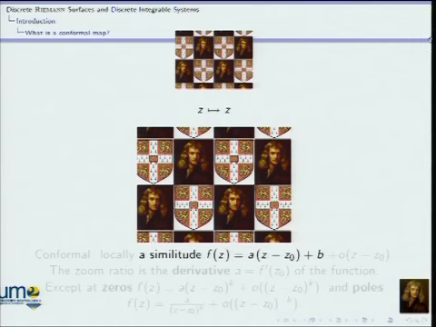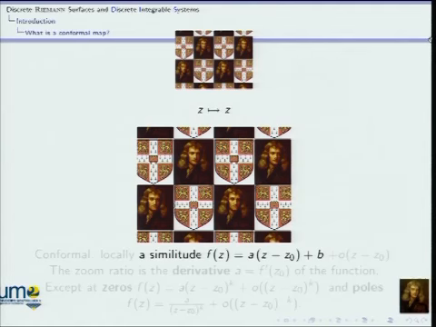A holomorphic function is a function from the complex plane to the complex plane. Here I've paved the complex plane with a picture of Newton with this heraldic sign of the University of Cambridge, and then I transform them by this holomorphic function.